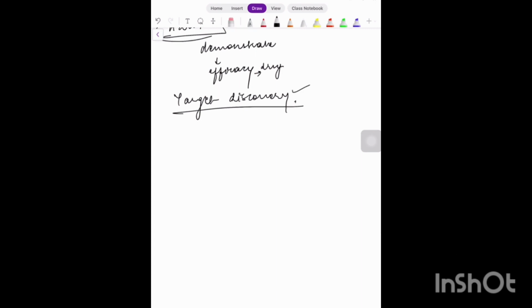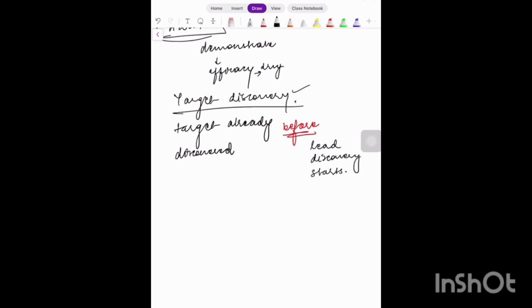The biological targets are already established or discovered before the lead discovery, before identifying what a drug substance actually is. So hence the target discovery is the cornerstone of target-based screening.